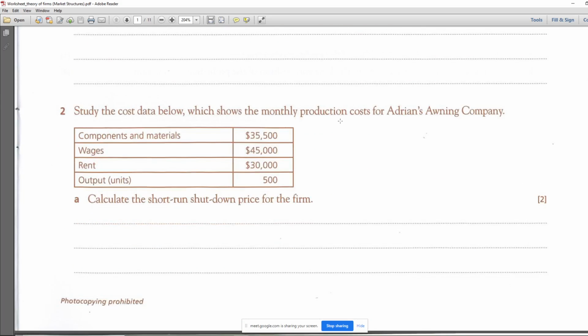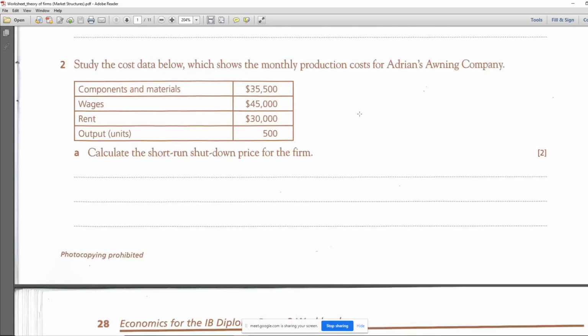Let's go to number 2. Once again, the question is not very clear. It asks to calculate the short-run shutdown price for the firm, but in the provided information we only have one set of output.